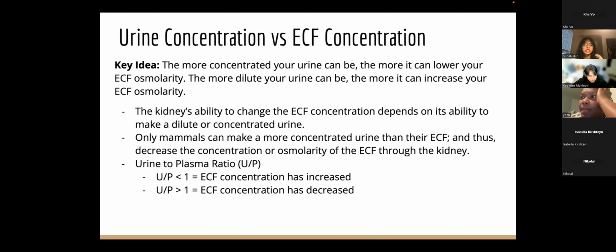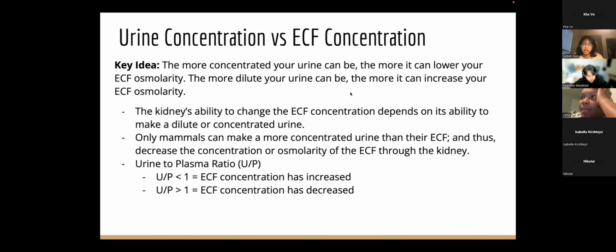There's a key idea here, which is what you should be focusing on when you're taking the exam. Basically the kidney is able to change the concentration of our extracellular fluid depending on whether it can make a dilute or concentrated urine.